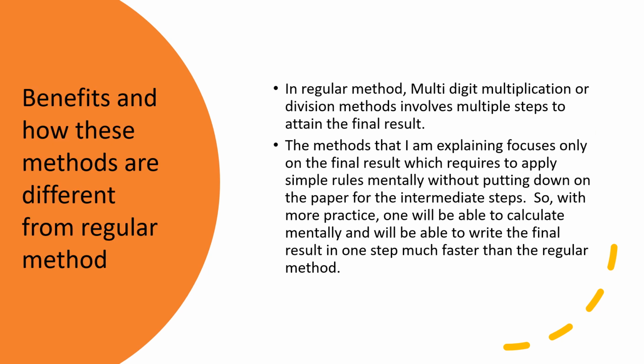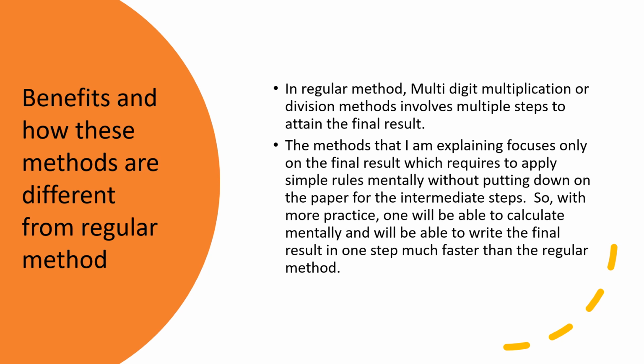In the regular method, multi-digit multiplication or division involves multiple steps to attain the final result. When we multiply a long 5 or 6 digit number with a 3 digit number, in the general method we first attain the result for one particular digit, then for the next digit, and then the next. Then we sum up all these numbers and finally attain the result.